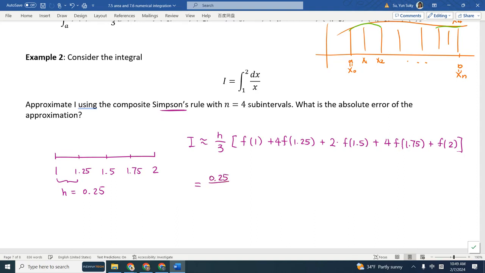So 0.25 over 3 times f of 1, where f of x is 1 over x. So 1 over 1 plus 4 times 1 over 1.25 plus 2 times 1 over 1.5 plus 4 times 1 over 1.75 plus 1 over 2. You can go back to your previous line on the calculator, change the 2 to 3, change the next 2 to 4, change the other 2 to 4, and then enter. You don't need to retype the whole thing.